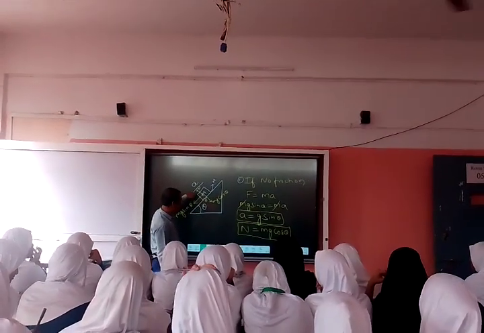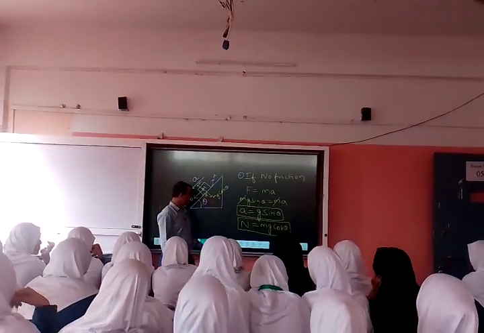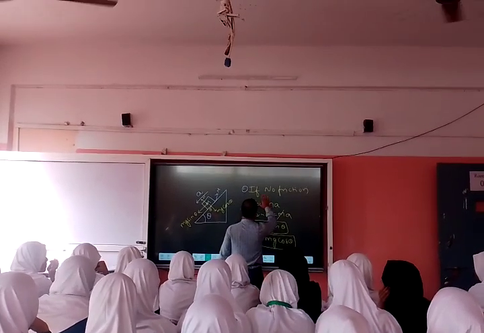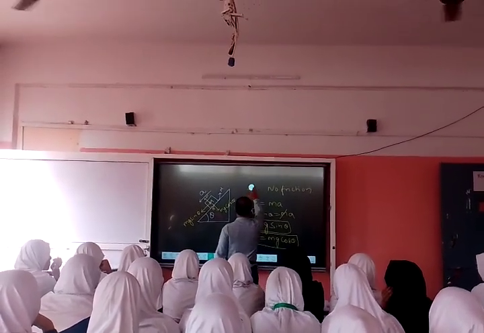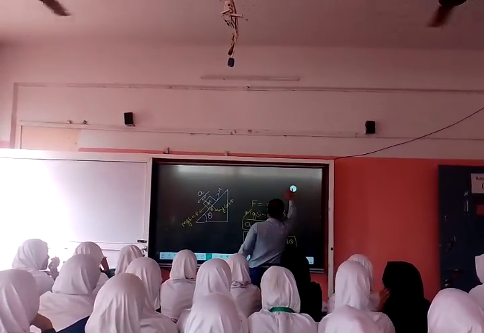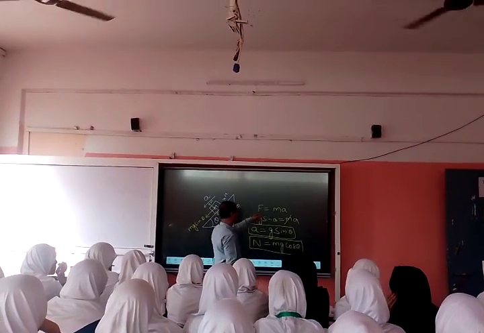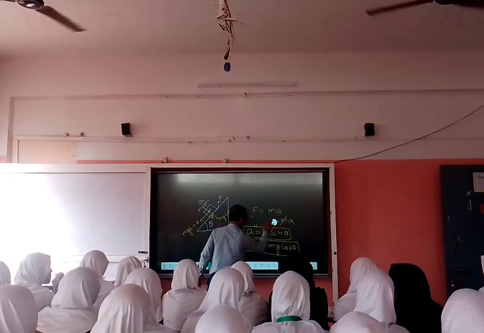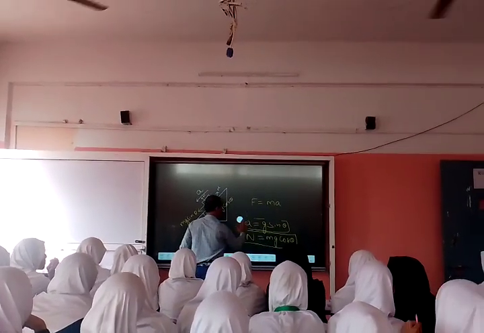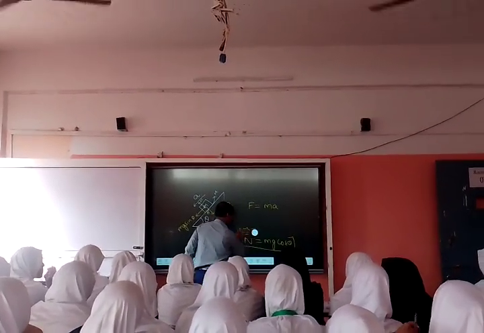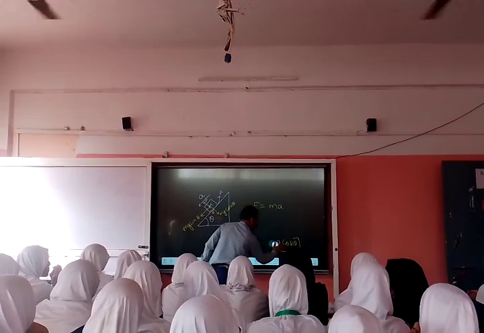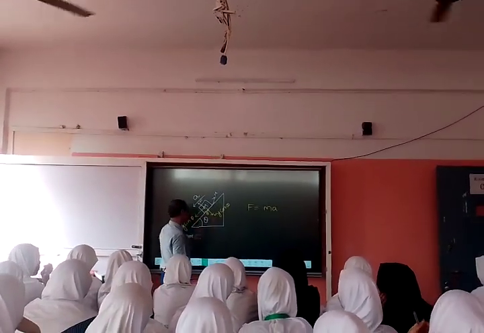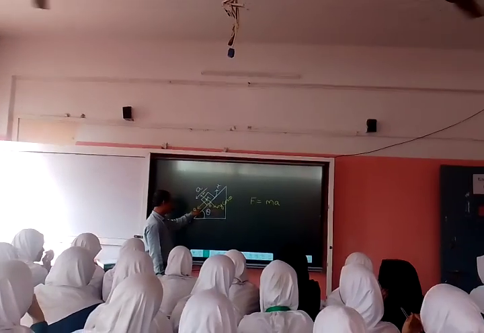If friction is present, the force will be ma, which is the net force, but the equation will change completely. First we need to find the net force on the body.